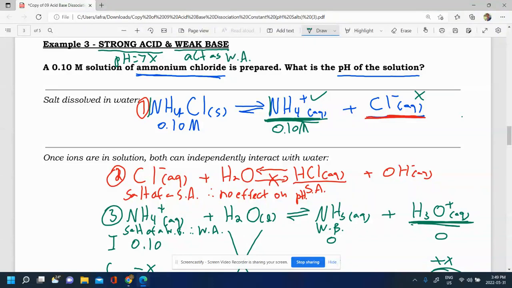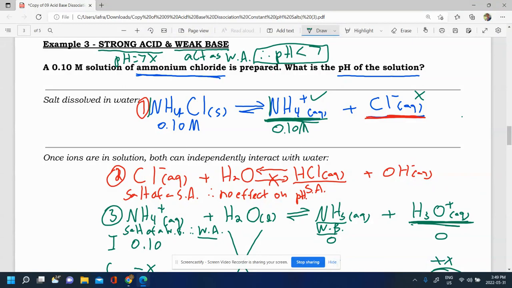So the NH4 plus is the salt of NH3, which is a weak base. Therefore, the NH4 plus acts as a weak acid. And so the salt that contains a strong acid and weak base derivative would have a pH that is less than 7. Not exactly 7, but less than 7, because the salt of the weak base acts as a weak acid in this solution.